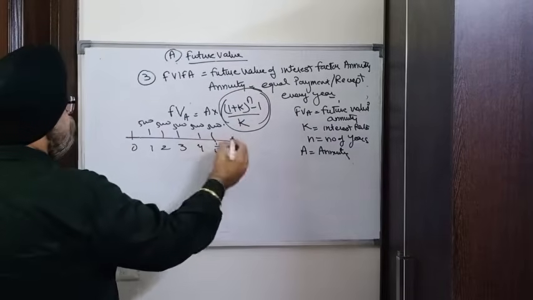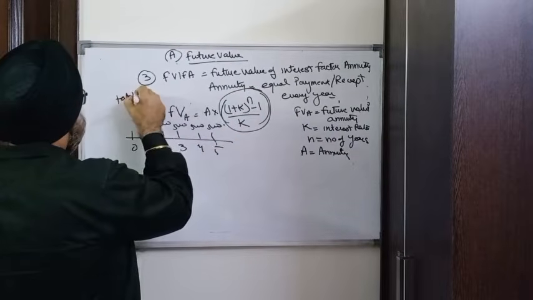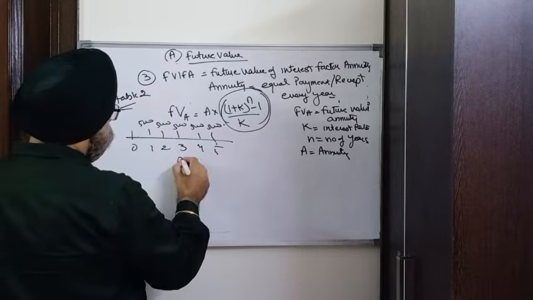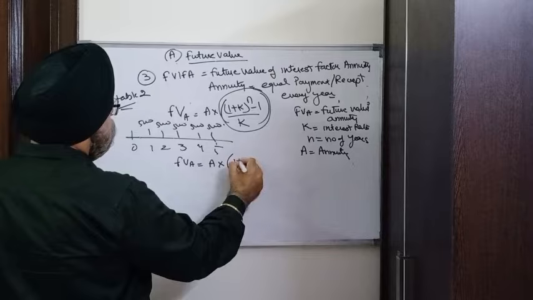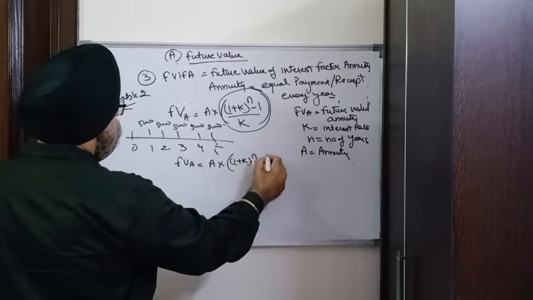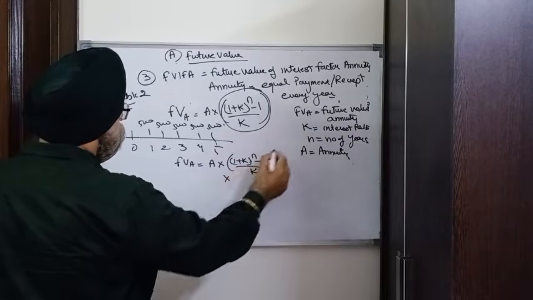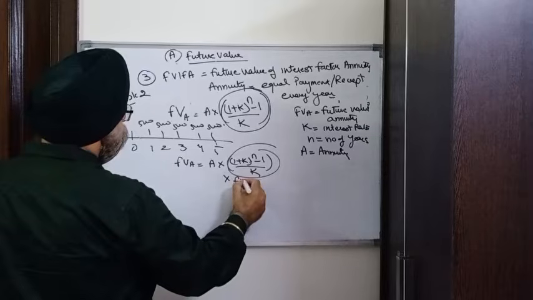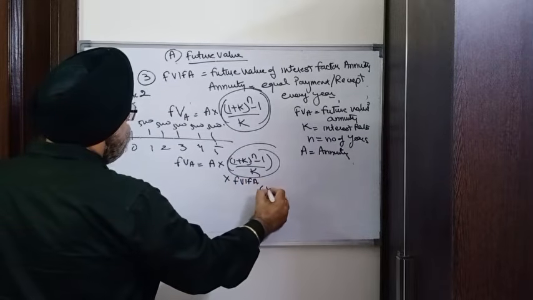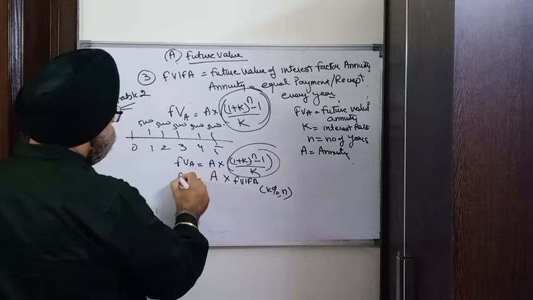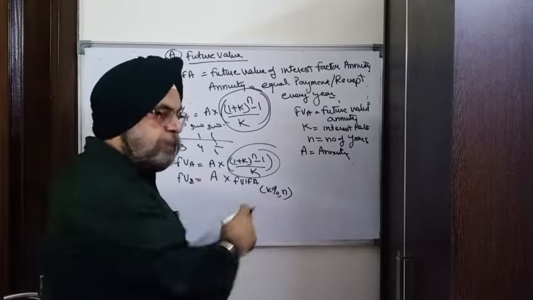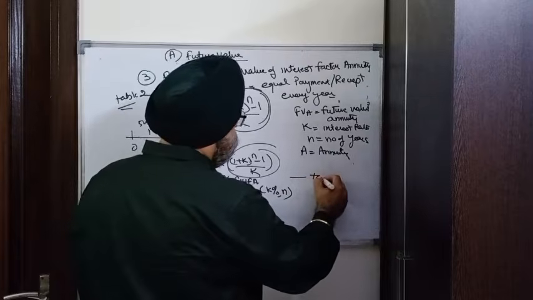So I will be using table number 2. This whole thing can be written as FVIFA K percentage comma N. When I write FVIFA, I am using table number 2.